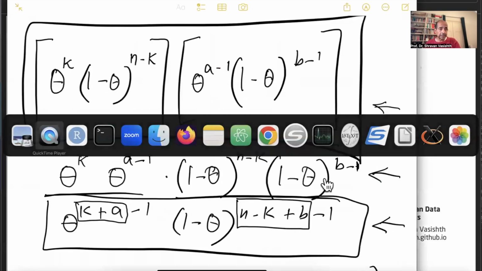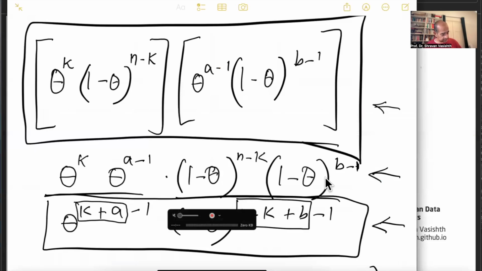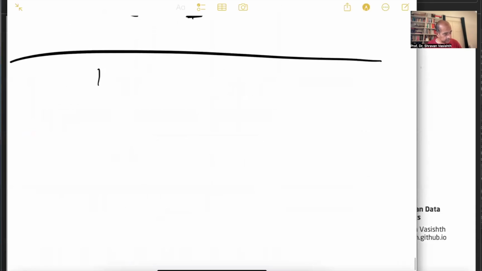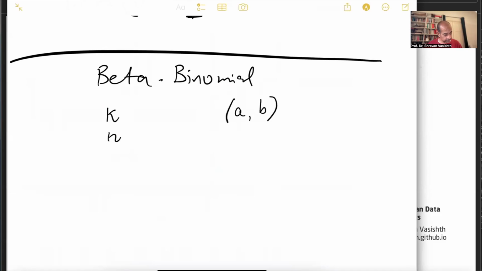Okay, so one interesting thing is that we have a general result here. If you take a look at this derivation that I just did, this is a very general result. So now we know that in the beta-binomial case, as soon as we know the number of successes k and the sample size n, and as soon as we know the prior on theta, if on theta we define some beta prior, this is the starting point.